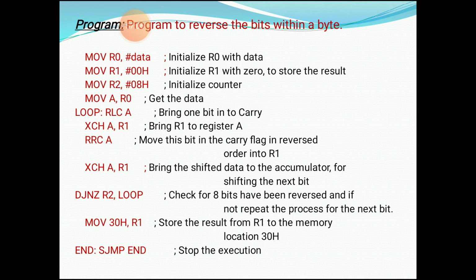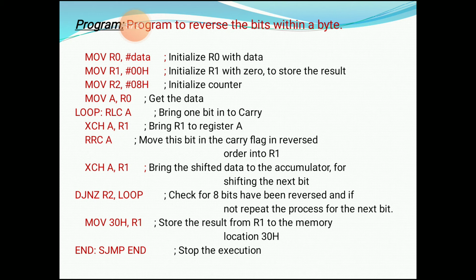From that data, the left side bit, that is the MSB, is shifted to the carry flag, and after that the value from the accumulator is exchanged with R1. Now R1 is initially 00, and after the rotate operation there will be a result stored in the accumulator.